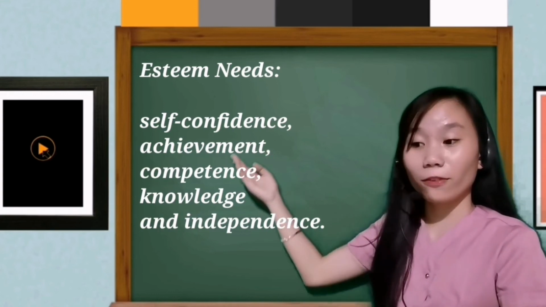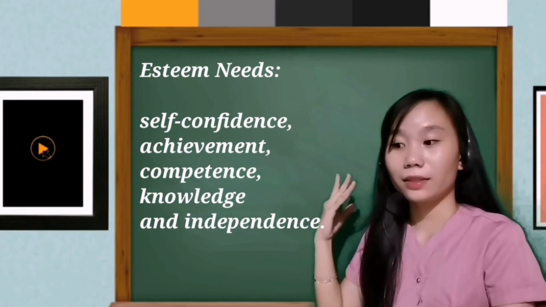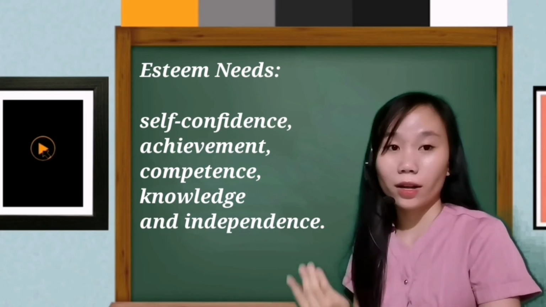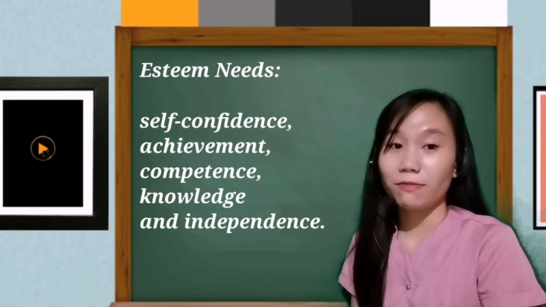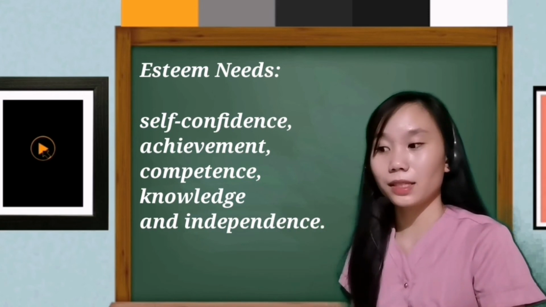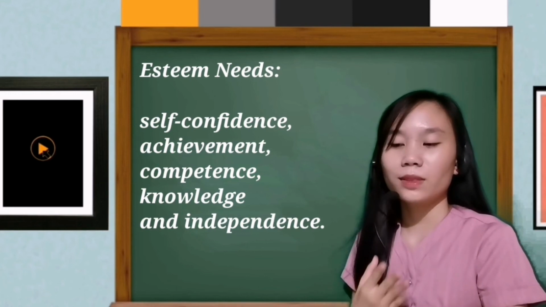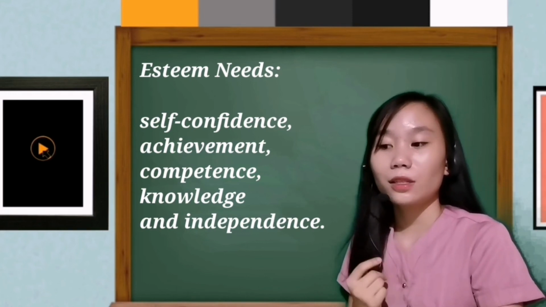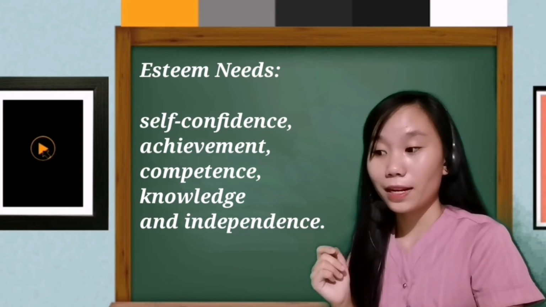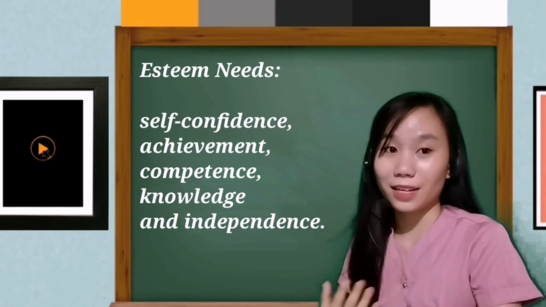These needs refer to self-esteem and self-respect. They include such things as self-confidence, achievement, competence, knowledge, and independence. The fulfillment of self-esteem needs leads to self-confidence, strength, and the capability of being useful in the organization.